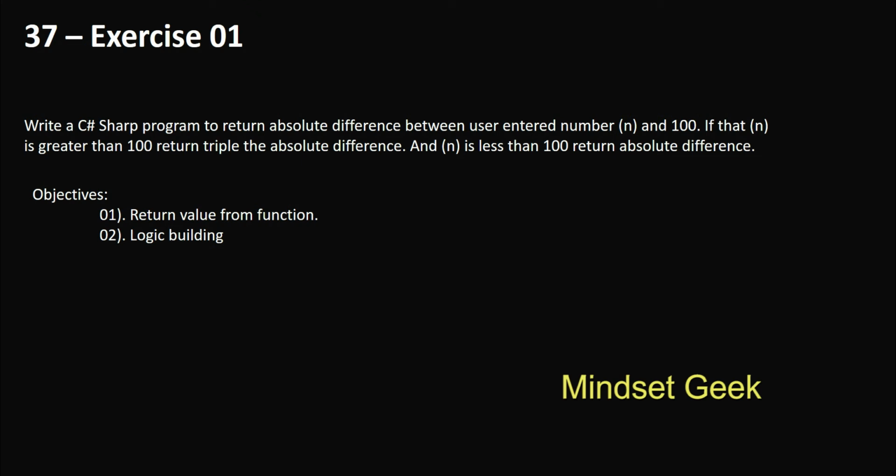If user entered value is less than 100, we should return only the absolute difference, meaning 100 minus n, right? In this exercise, these are the objectives.